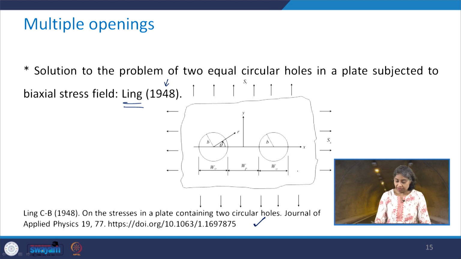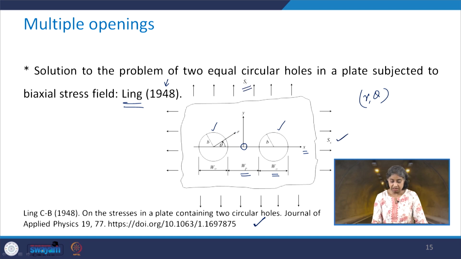You have two circular openings with radius b, and any point in the space is again represented by r comma theta, where theta is measured in the anti-clockwise direction from the x-axis. Note here that the origin is at the center of the pillar. Width of the opening is WO and width of the pillar is WP. And here it is subjected to a biaxial state of stress, where it is Sx in x direction and Sy in y direction.